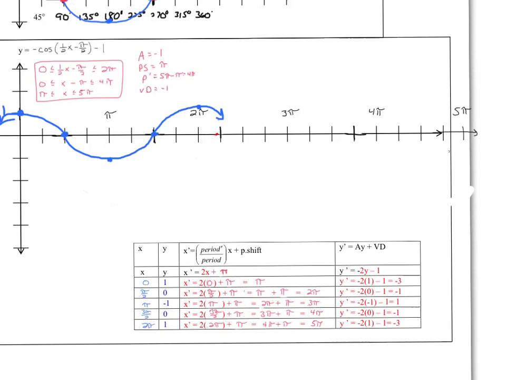To get my new points, let's first graph the midline. Vertical displacement is negative 1. So I'm going to draw my midline here at y equals negative 1. Put my points on.